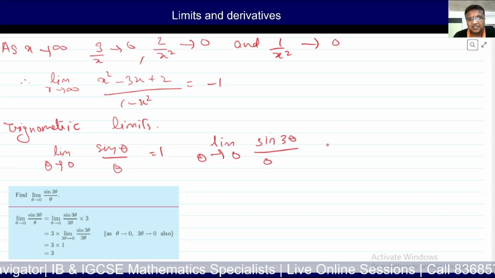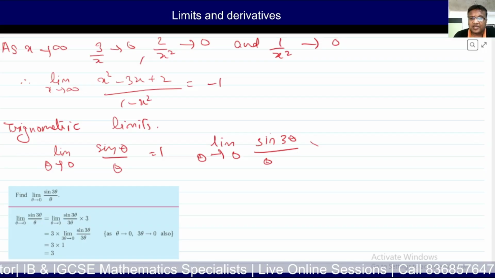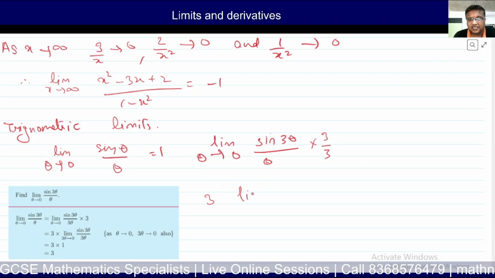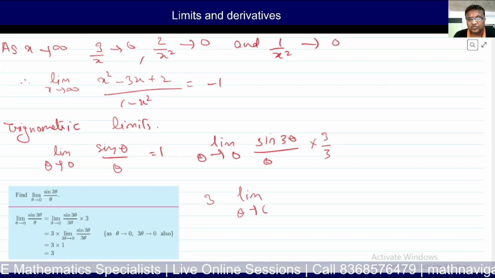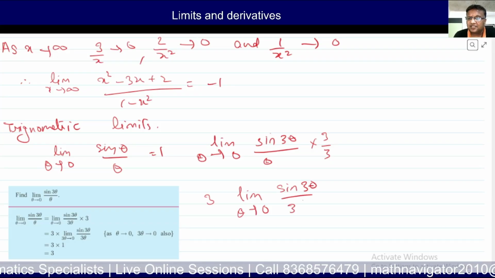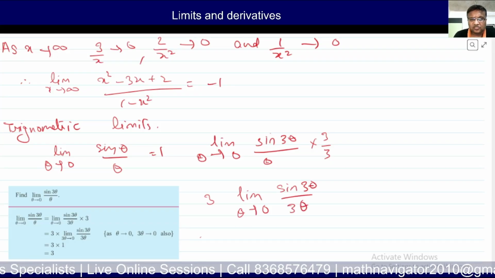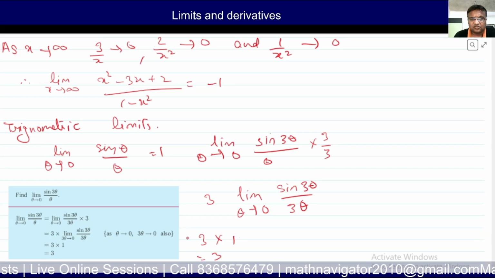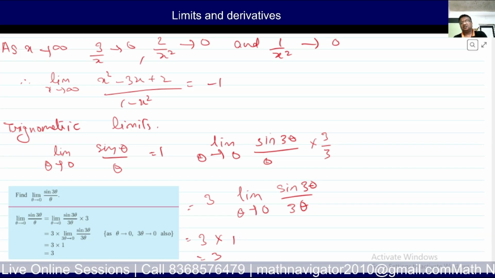Now in this case, what you can do is multiply and divide by 3. So this becomes 3 limit theta tends to 0 sine 3 theta by 3 theta, right? This becomes 3 times 1, which is 3. So this is how you use the trigonometric limits.